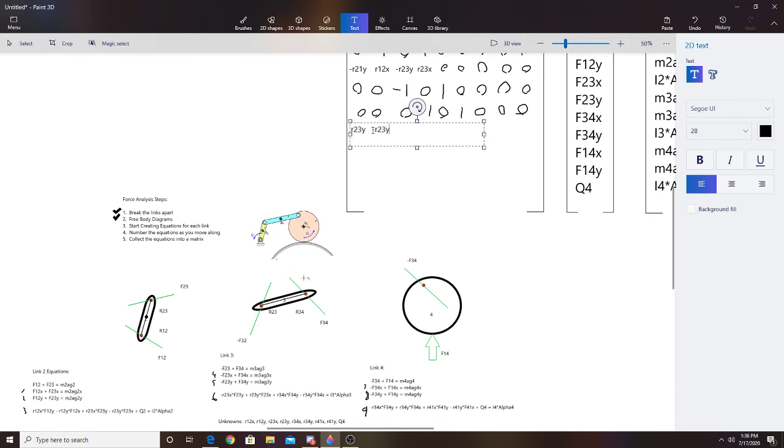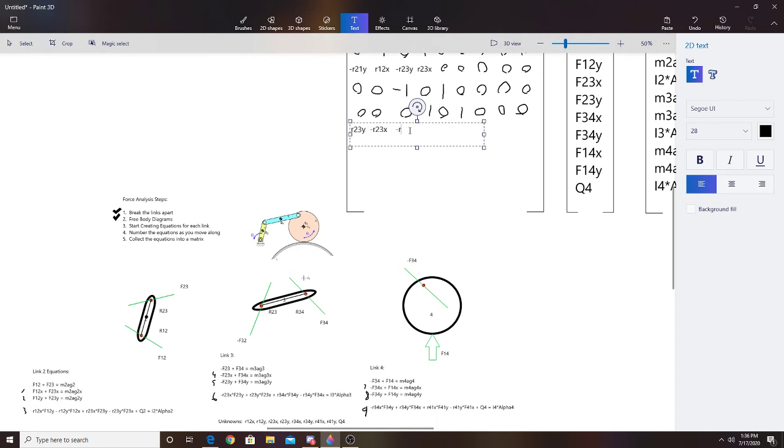Essentially, the pattern is going to follow like this. Whatever the first one is, this one will be an x. But if it is an x thing you're looking at, so if it's a force in the x direction, you will have a y attached to it. It'll be an R23y. And now if we're looking at the y version, you will have an x attached to it. Right? And if the first one is positive, the second one's negative. If the first one's negative, the second one's positive, right? Hopefully that makes sense.